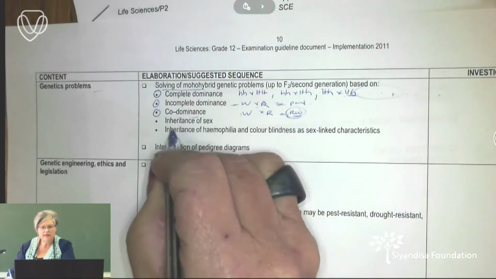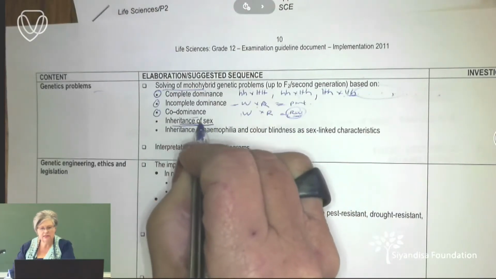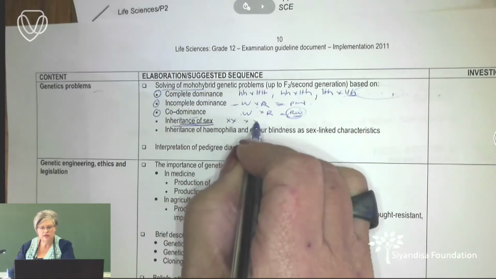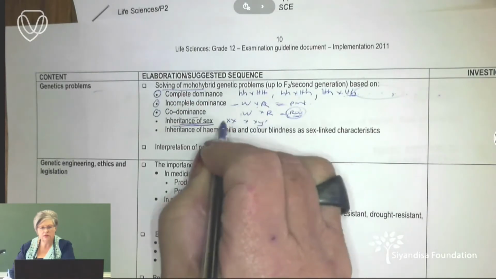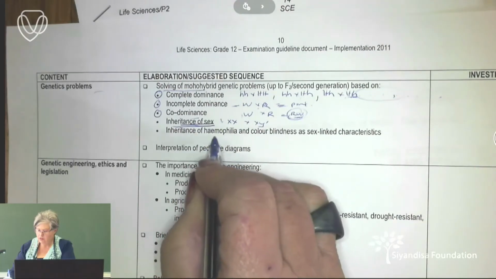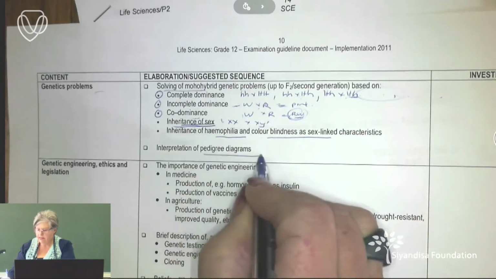Then the inheritance of sex, so it's XX crossed with XY. And then inheritance of hemophilia and color blindness and pedigree diagrams.